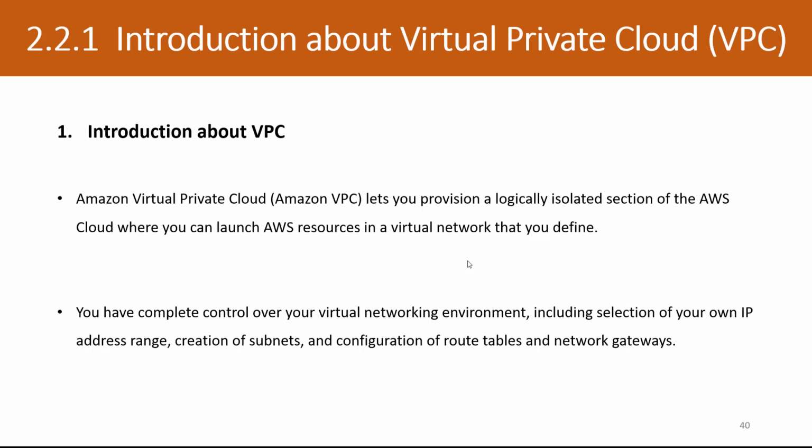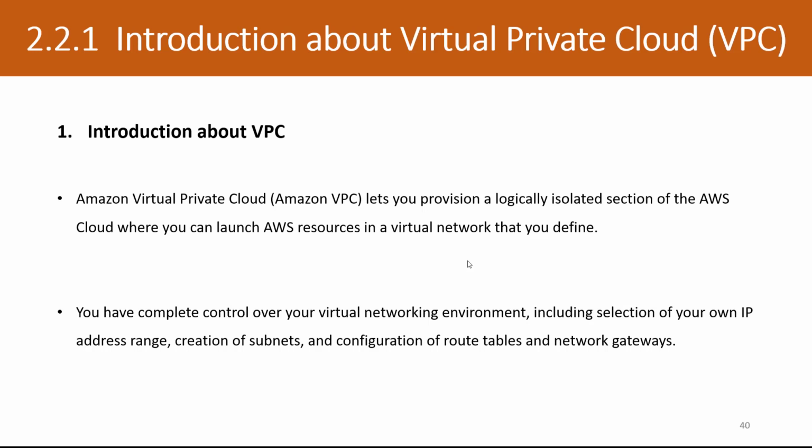So basically it provides you the full functionality. You can set up your own infrastructure with whatever customizations you want: your IP address, subnet, what access control you want to implement, and all these things in an isolated environment in the AWS cloud.